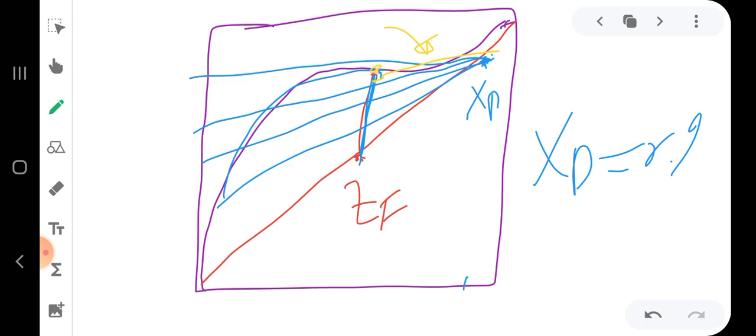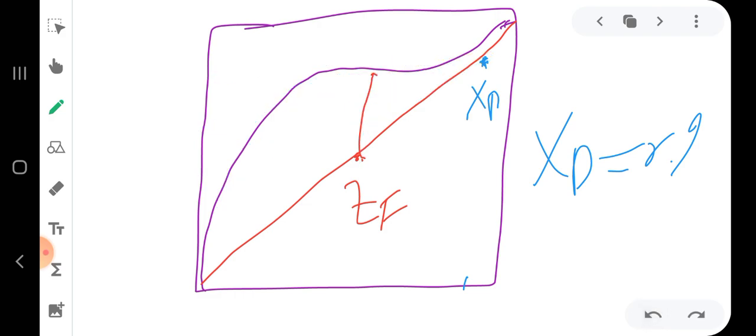So how to determine the R minimum? Simply, I will look for a line that only touches this equilibrium curve. See, it touched it at this point.